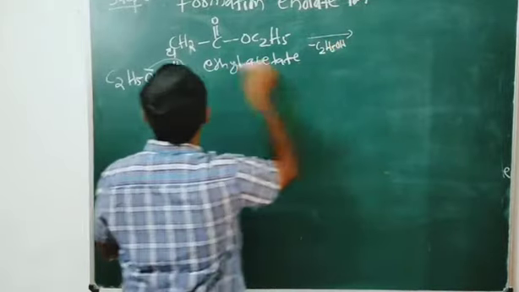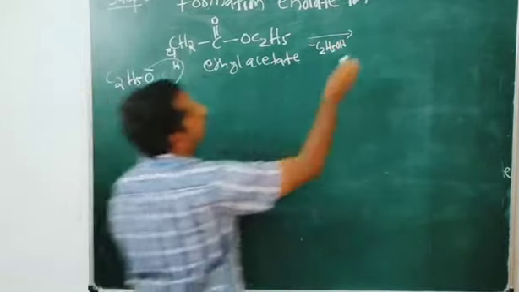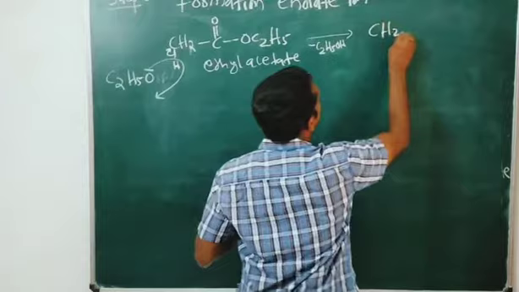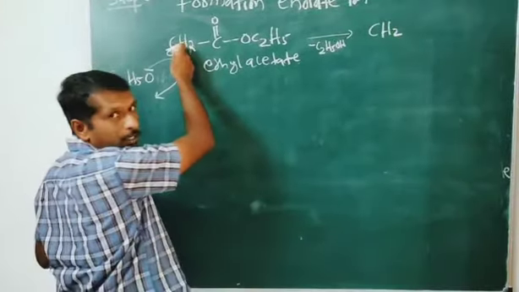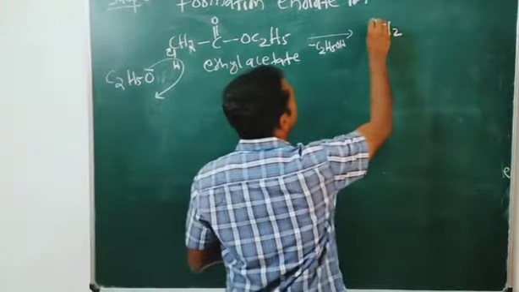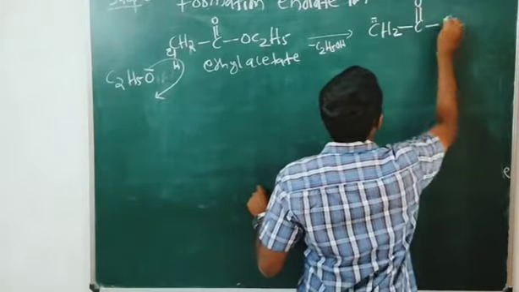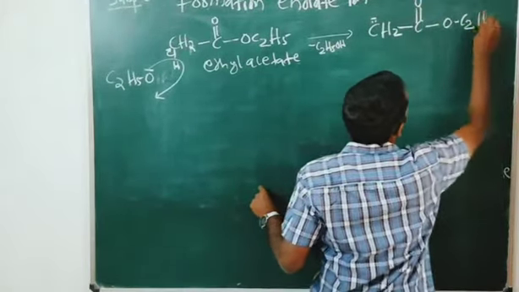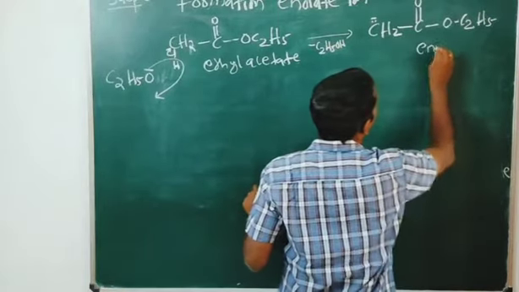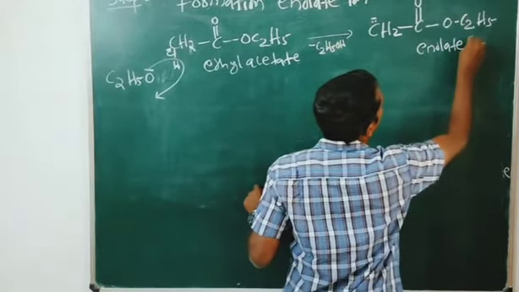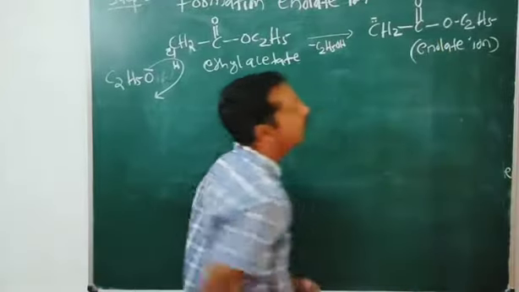C2H5OH. And what we get is CH2 minus, since the bond is shifting to carbon, the carbon is getting a pair of electrons and a negative charge, with C double bond O C2H5. This ion is known as the enolate ion.